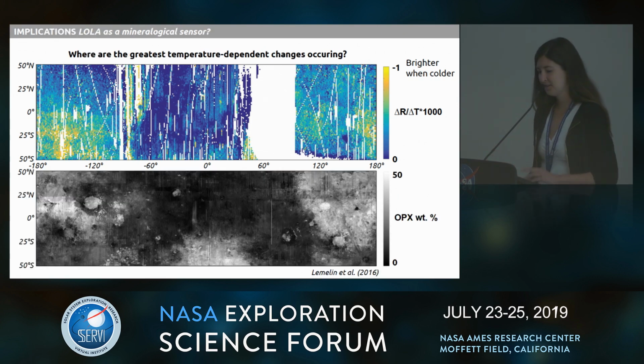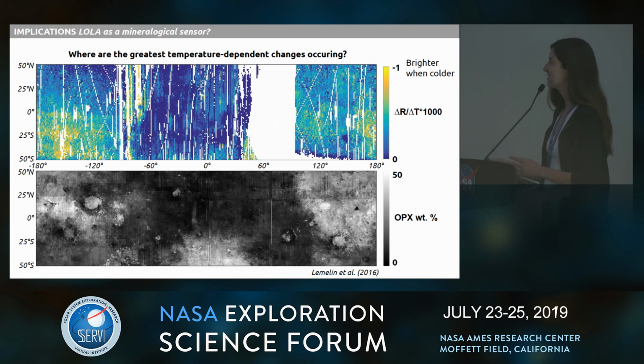As I sort of started the talk, one of our interests in looking at this was thinking about the mineralogy of the lunar surface, and if these temperature-dependent spectral changes might be correlated with the mineralogy of the surface. So now below this plot, I've shown the orthopyroxene map for the moon from Lucey's work. We're looking at the same spatial projection and spatial ranges.